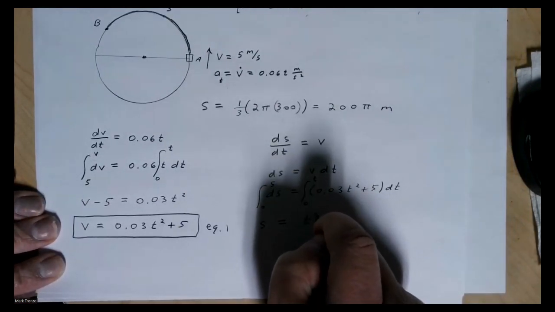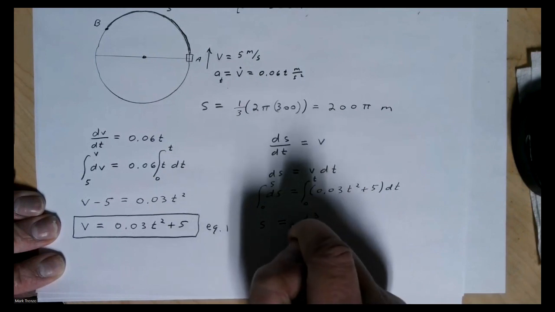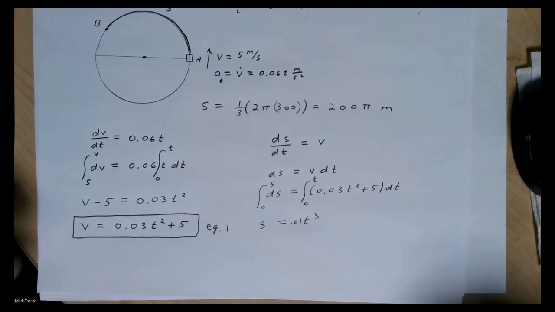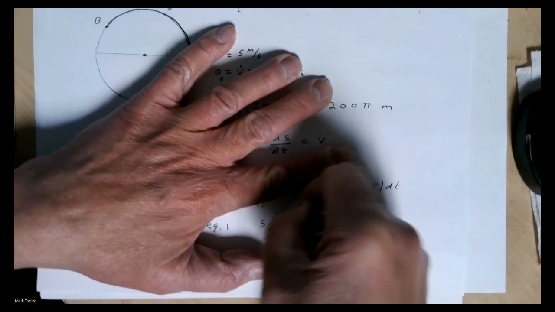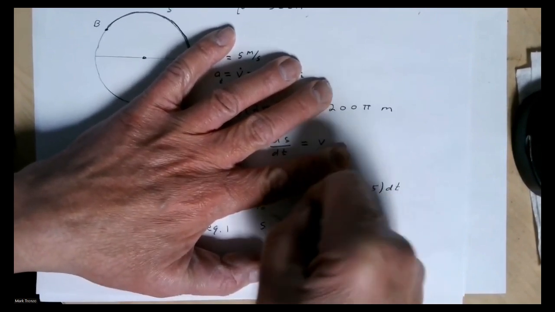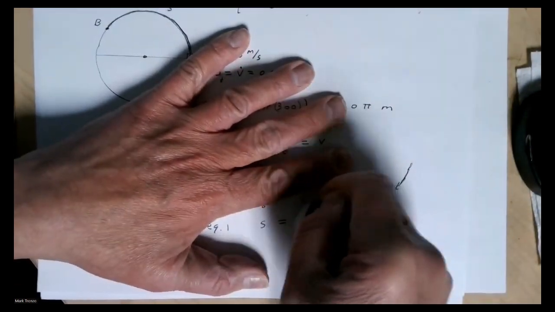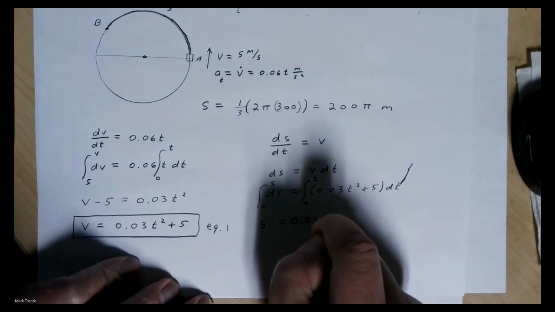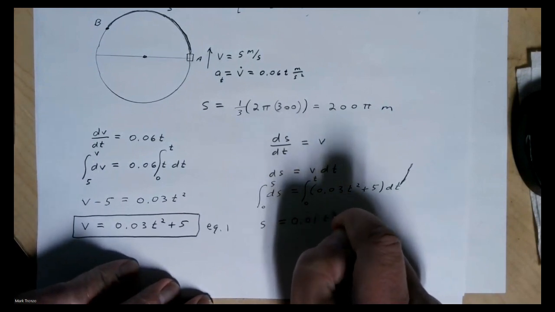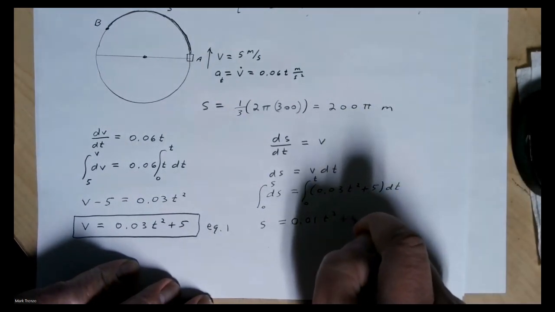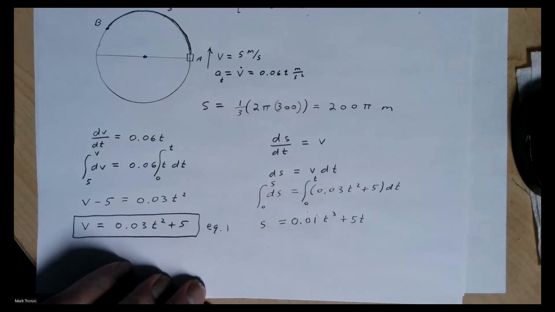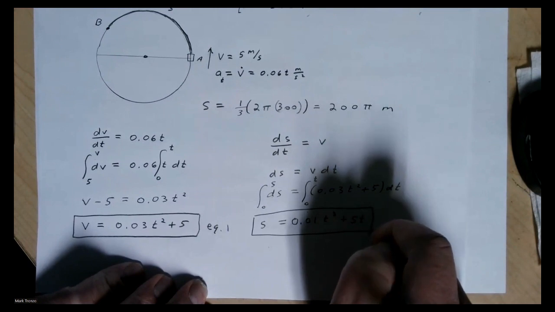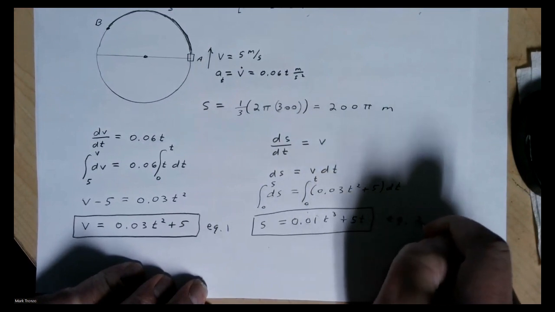And so that'll be t cubed, and that'll be 0.01 in front. Plus 5t like this. And it's equation 2.